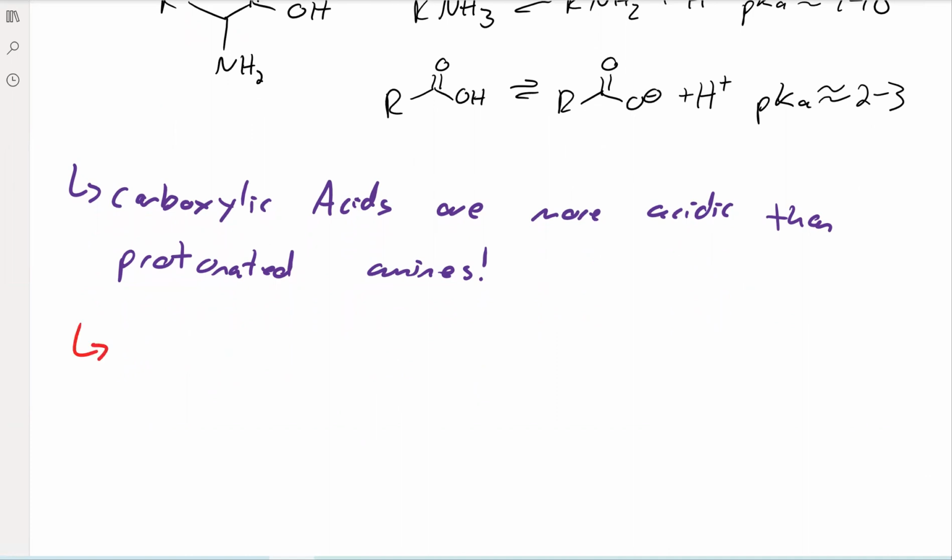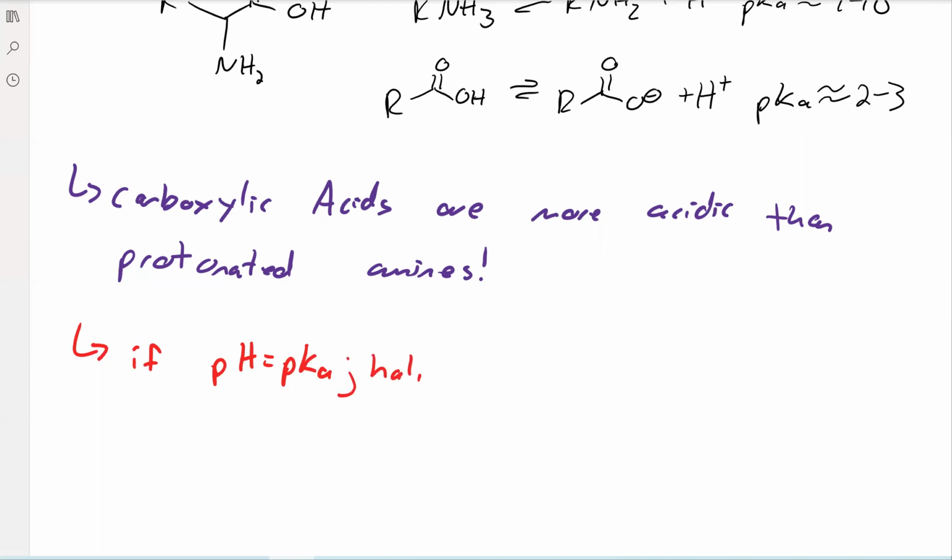And then finally, let's take a look at the relationship between the pH, which is a measure of how much H+ is in our solution, and the pKa, which is a measure of our acidity. So if your pH is equal to the pKa of your compound, what does that mean?